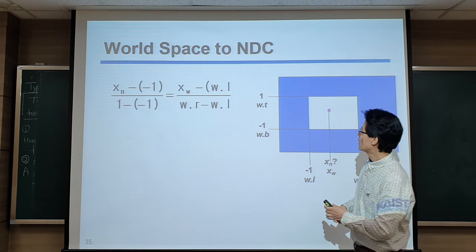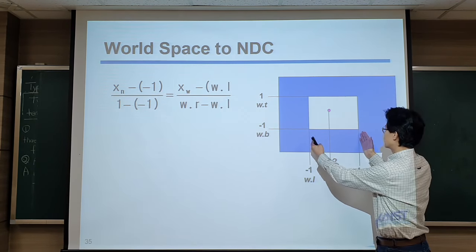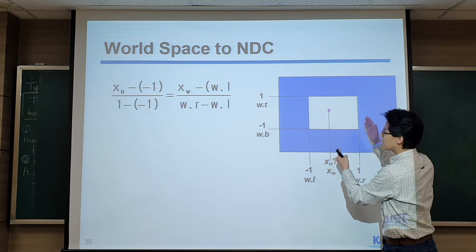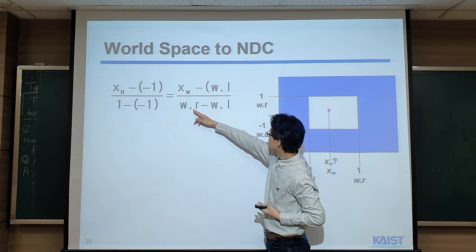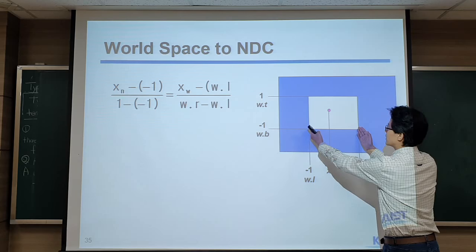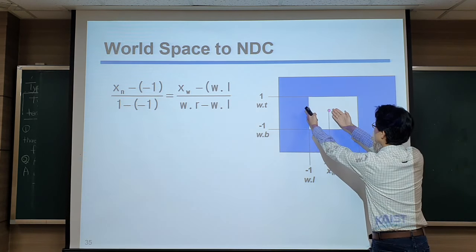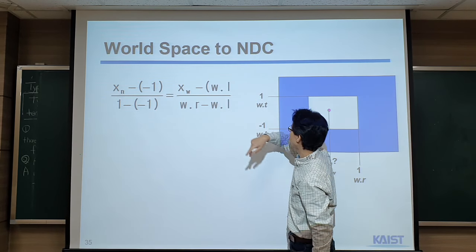In other words, the ratio in the case of the world, the width is WR minus WL, and the ratio between this and that is x w minus WL, sorry, there are some missing parentheses here.